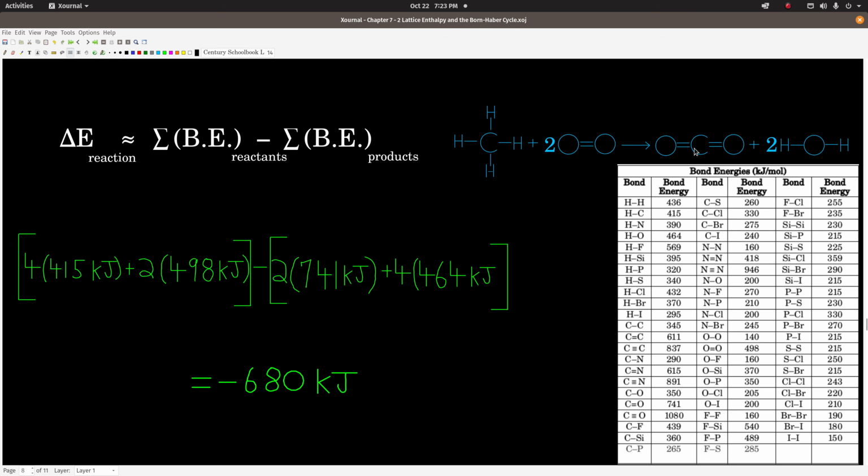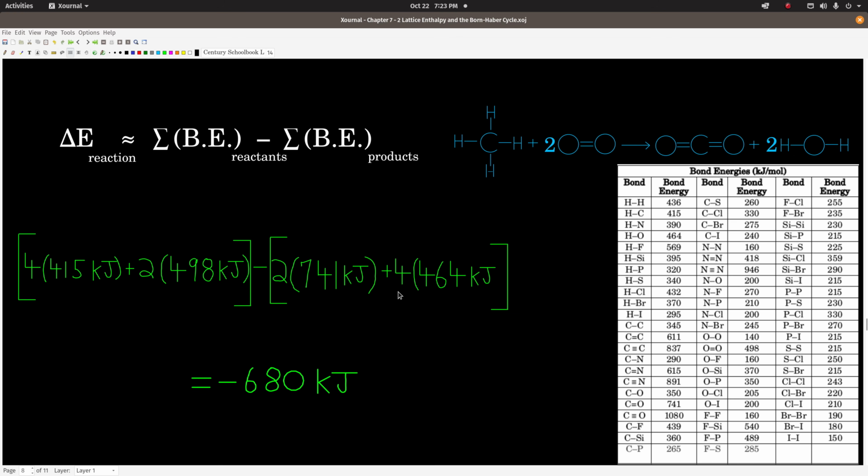And so we look up the carbon-oxygen double bond, which is right here. And because there's 2 carbon-oxygen double bonds in carbon dioxide, we multiply that by 2. And then we form the oxygen-hydrogen bonds in water. So we look up oxygen-hydrogen single bond energy, 464. There's 2 water molecules. Each water molecule has 2 oxygen-hydrogen bonds.